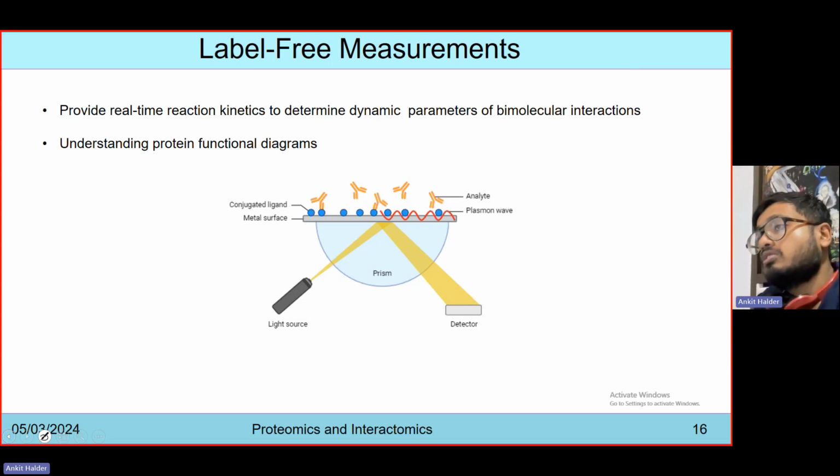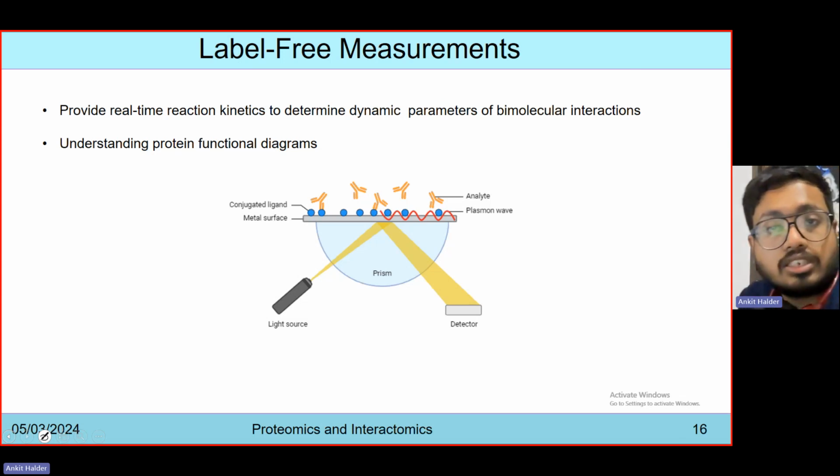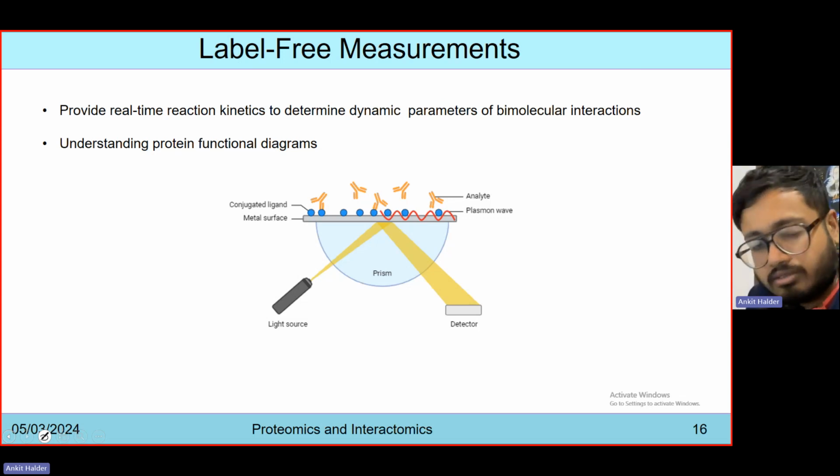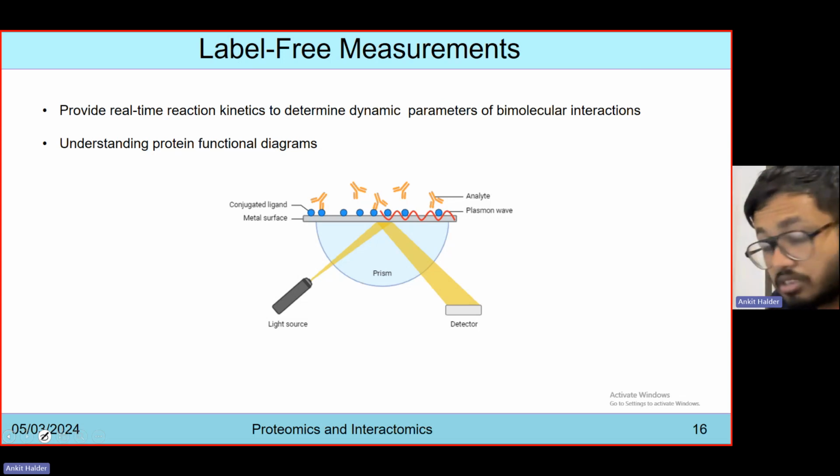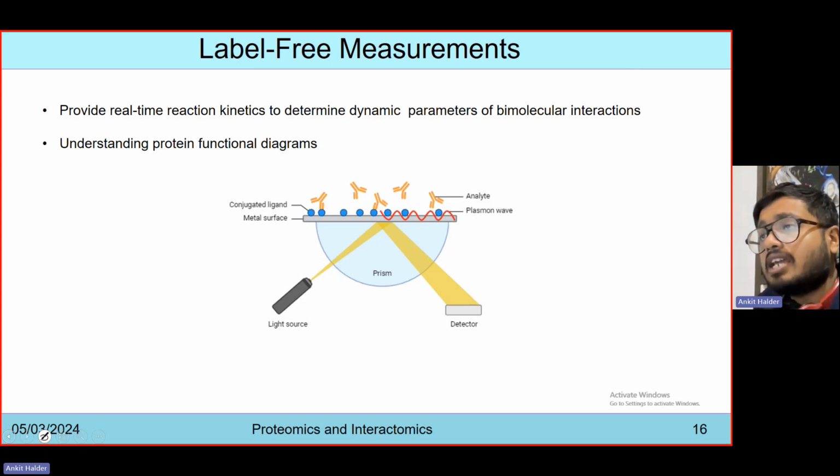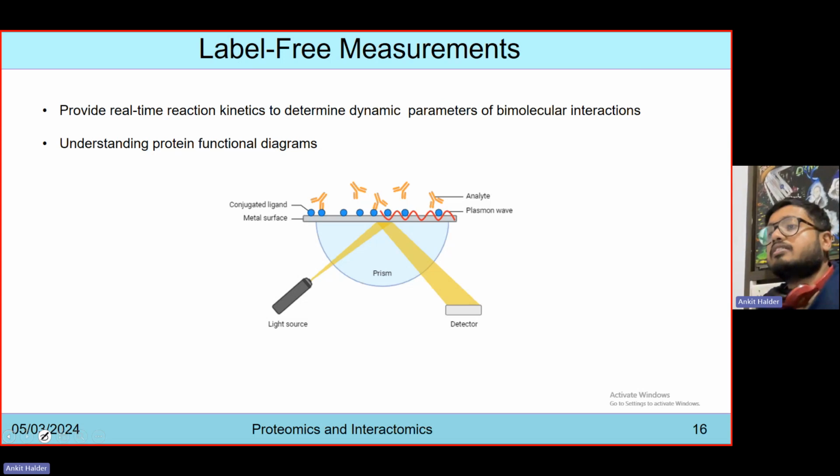Now we are moving on to the label-free measurements, which will give us an idea of how this interaction is happening and what the strength of those interactions is. Label-free measurements provide real-time reaction kinetics to determine the dynamic parameters of biomolecular interactions and understand protein function. So these label-free measurements help us understand in a real-time manner.